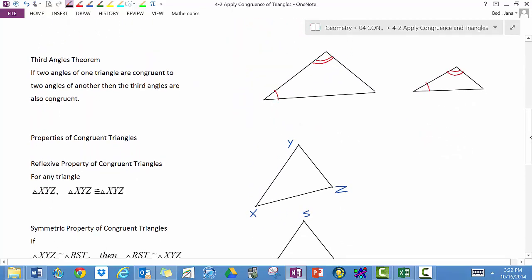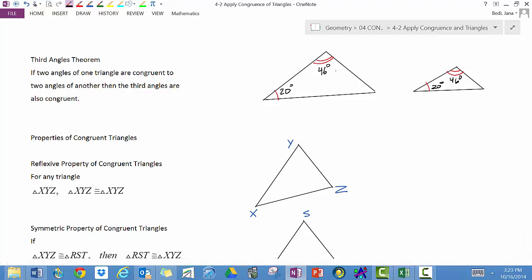Third angles theorem. If two angles of one triangle are congruent to two angles of another, then the third angles are congruent. So let's make up some numbers here. Let's say this angle is 20, then this is also 20 degrees, and this is 46 degrees. This will also be 46 degrees. Now you know that the sum of the three angles of a triangle is 180.